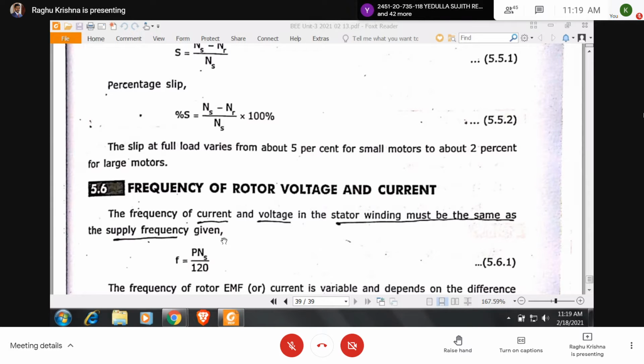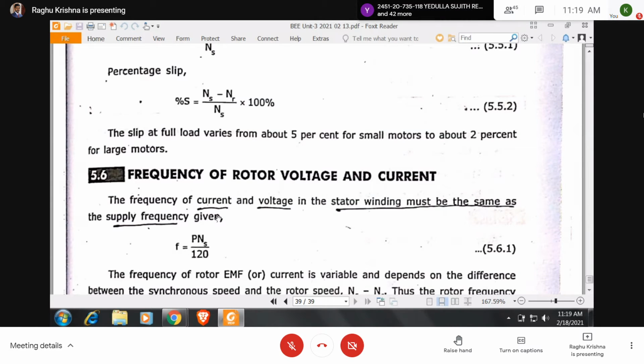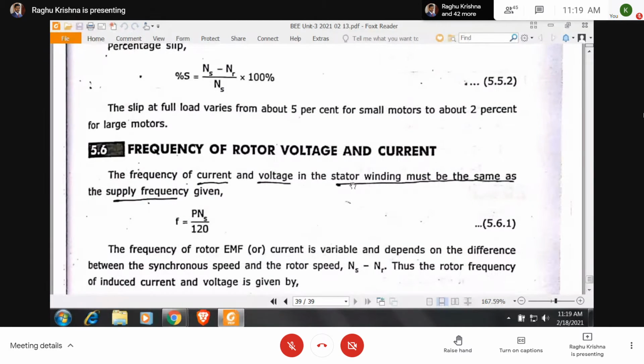The frequency of the current and voltage in the stator winding must be the same as the supply frequency and is given by F equal to P Ns by 120.